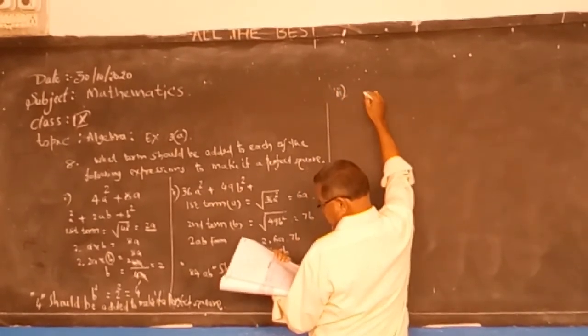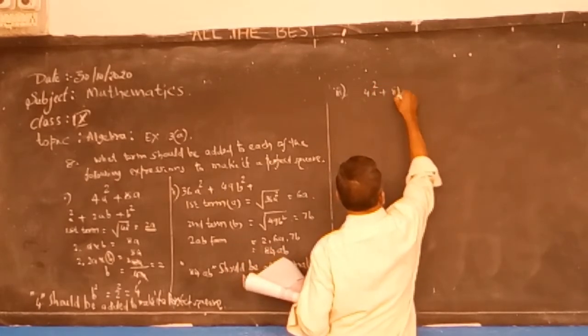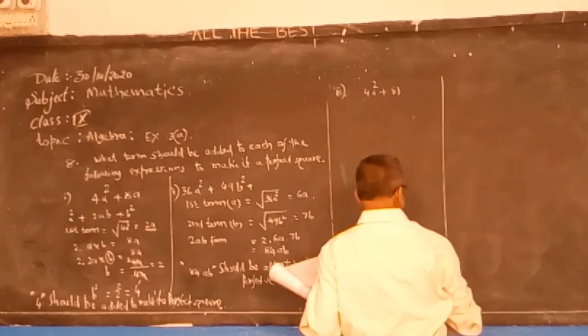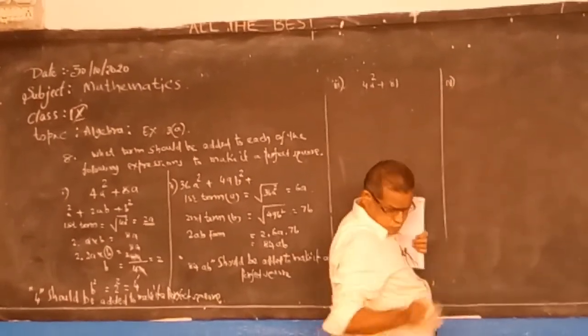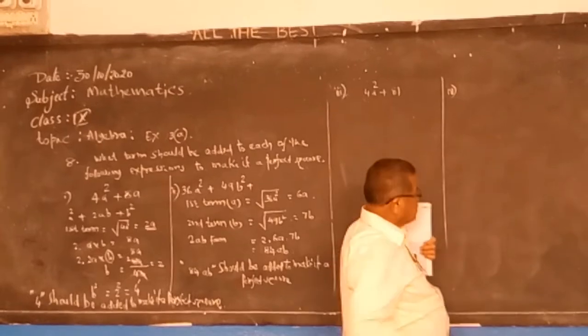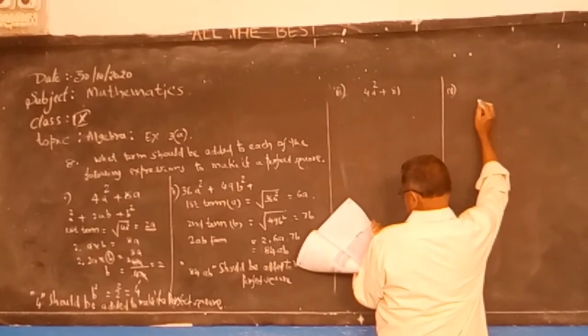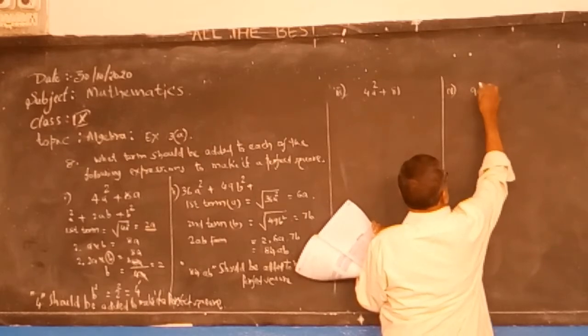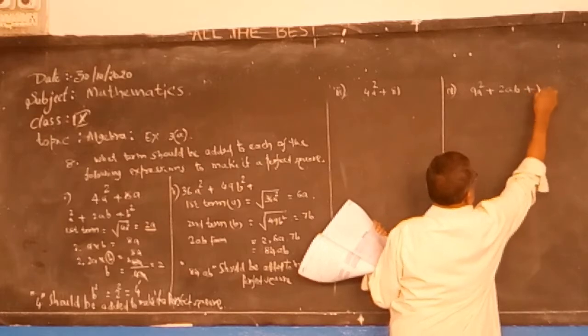Third, 4a squared plus 81 given. Fourth one, 9a squared plus 2ab plus b squared.